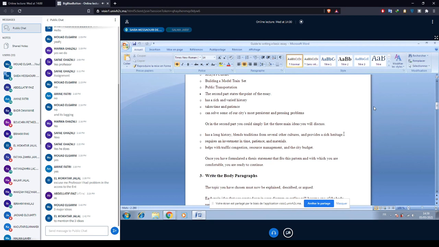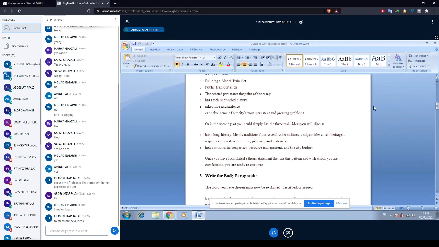And then I go straight away to the beginning of the 3 paragraphs, and I look at the topic sentence. I have to find a topic sentence talking about the long history that contains these words, long history. And the paragraph should be about long history.